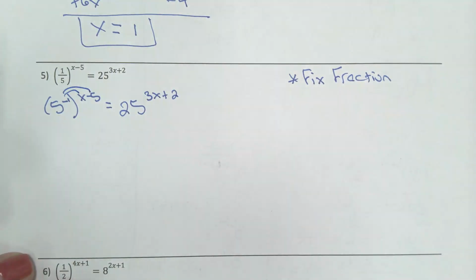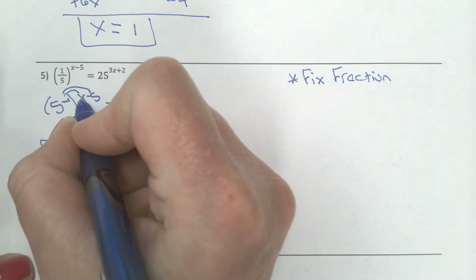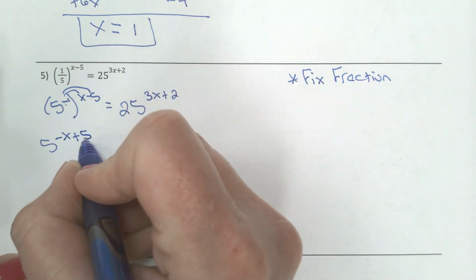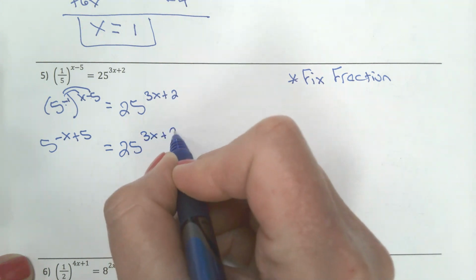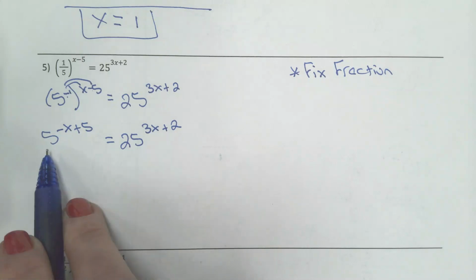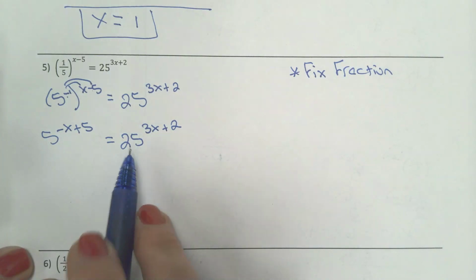It's a good idea to distribute and clean this up first. So negative times x is negative x. Negative times negative is positive 5. So now that you did that one move, you should be able to handle this problem. We've done several of them now.